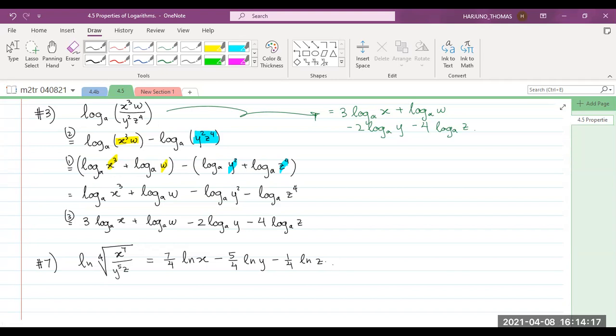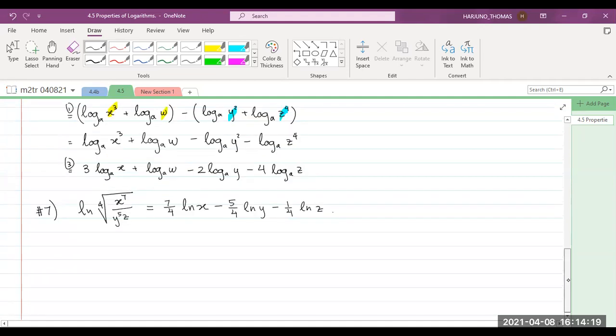Now, if I need to do it a bit longer in 2 steps, let's say, then I take the 1/4 out first, right? So I have 1/4 natural log of x to the 7th over y to the 5th z.